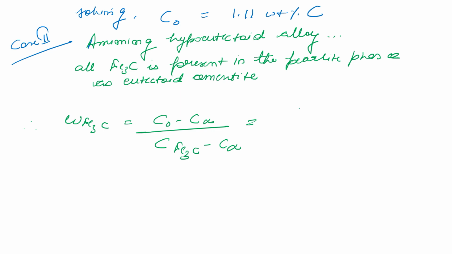So C alpha is 0.022, divided by 6.7 minus 0.022.